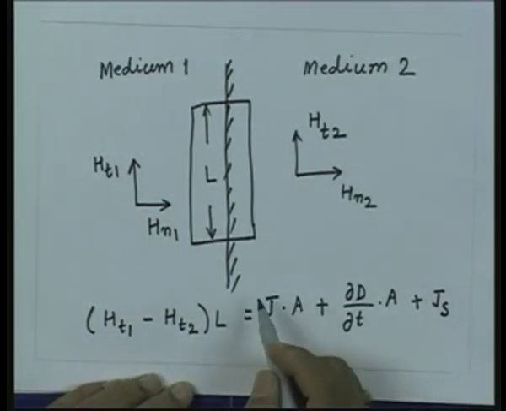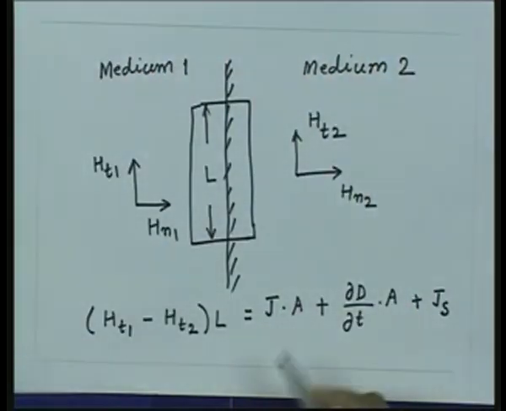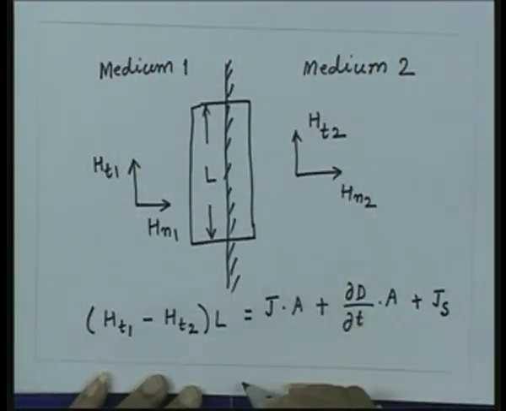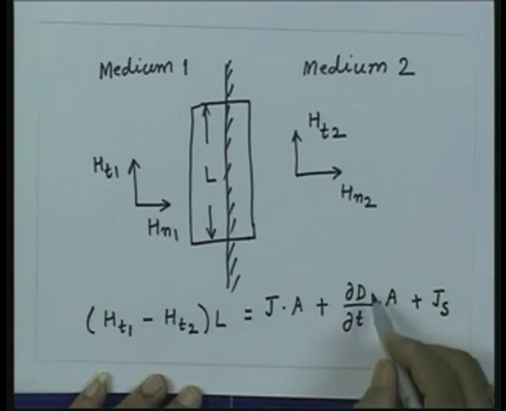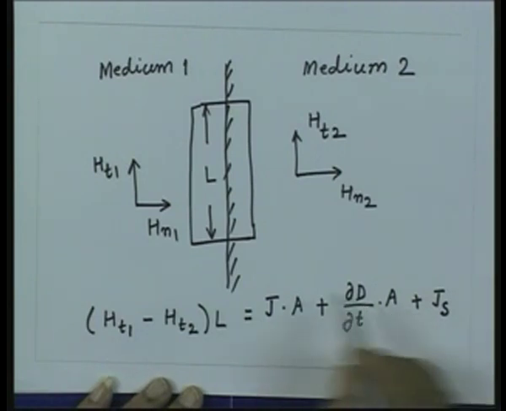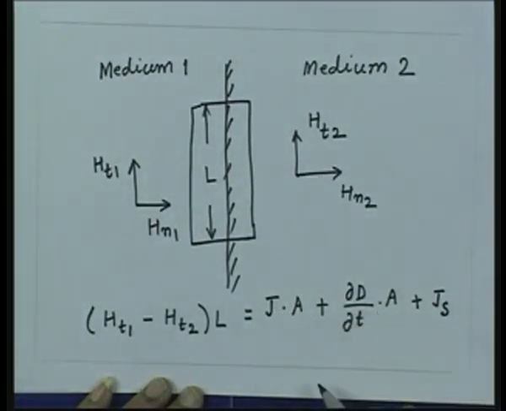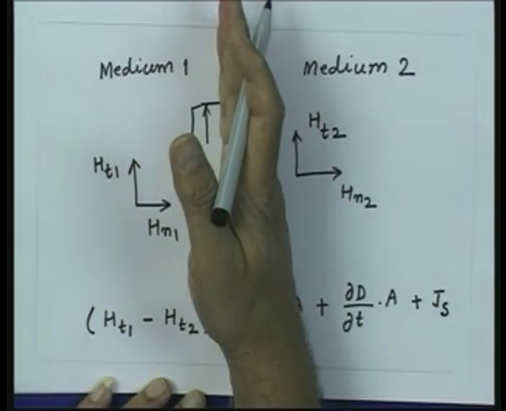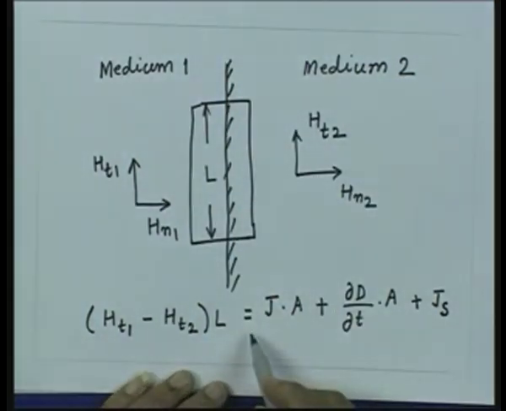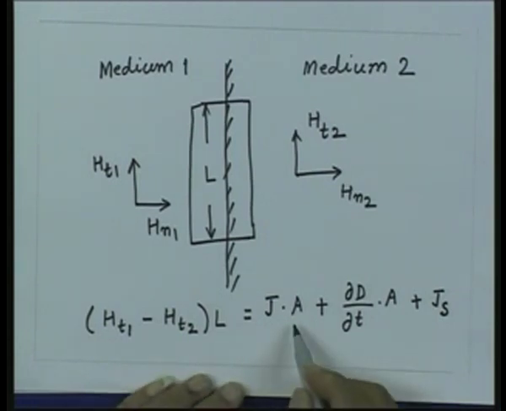When the area tends to 0, when the loop shrinks to the line, this quantity will tend to 0, and this quantity will tend to 0 for a finite value of displacement vector, that is, for a finite value of electric field. So in the limit when the size of the loop goes to 0, both these quantities will go to 0. However, this quantity will not go to 0 because it is a surface quantity. So in the limit when A tends to 0, this will be equal to only the surface current density Js.